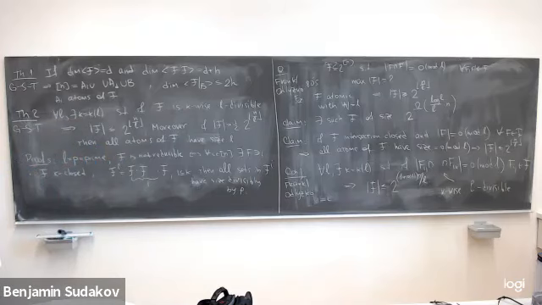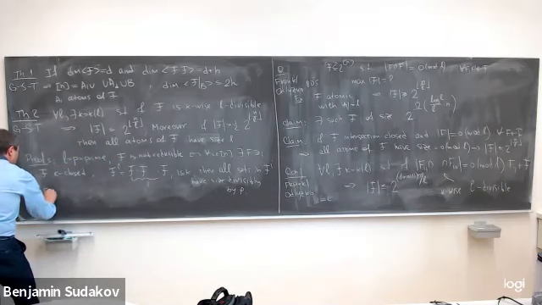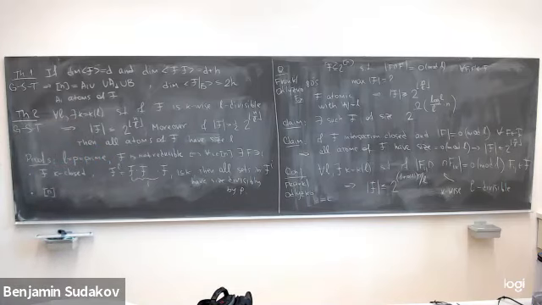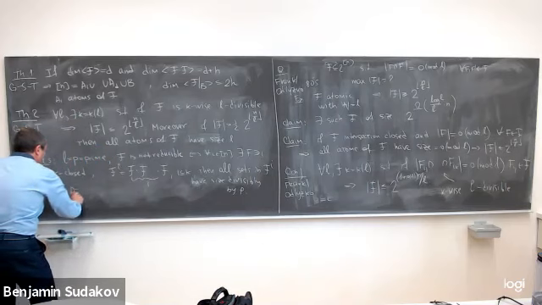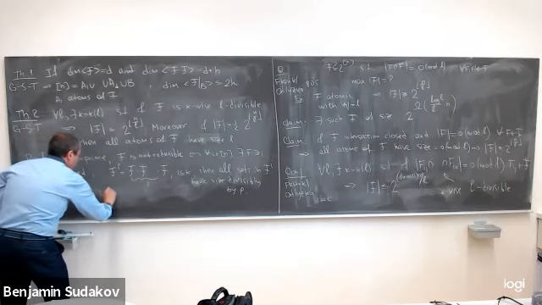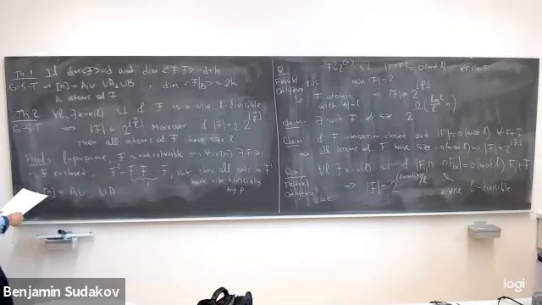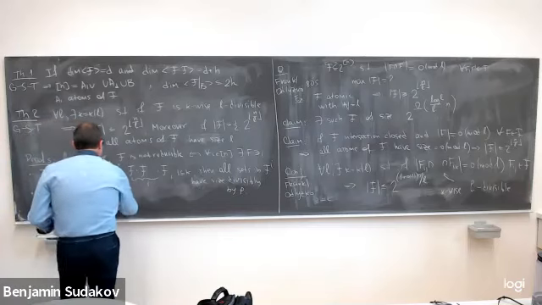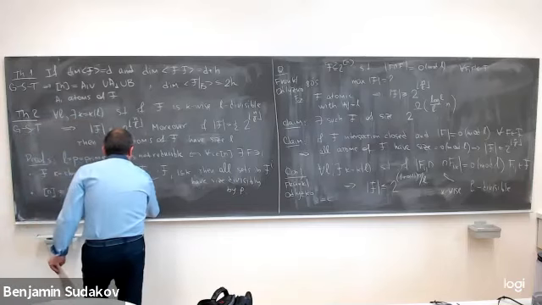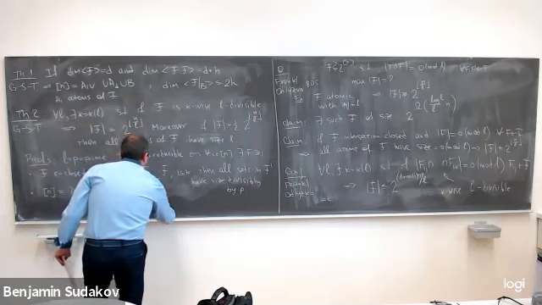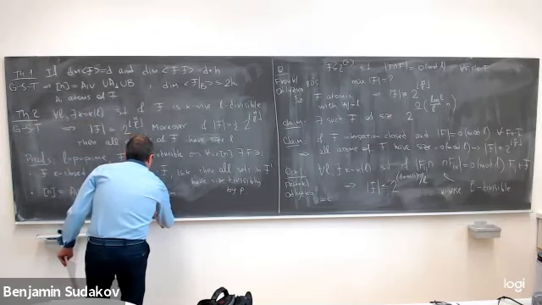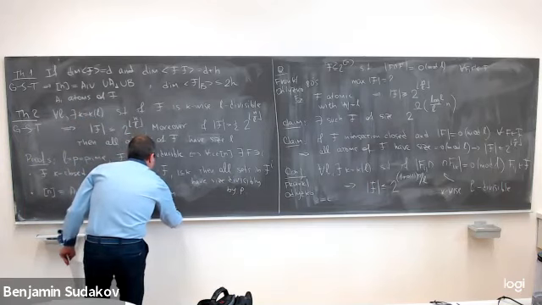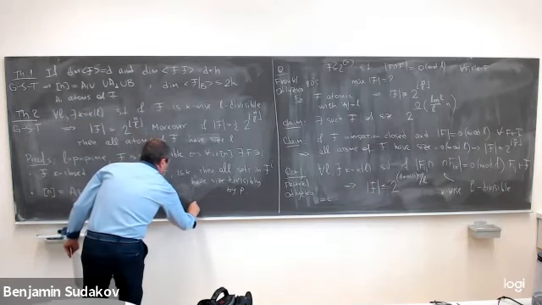And moreover, just to fix notation, we said that a family immediately determines the partition of the ground set into atoms, A_i, for i less or equal to k.